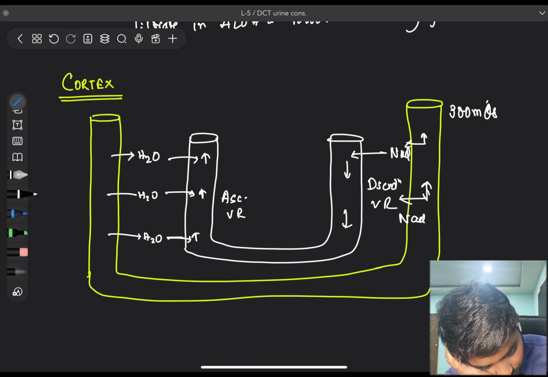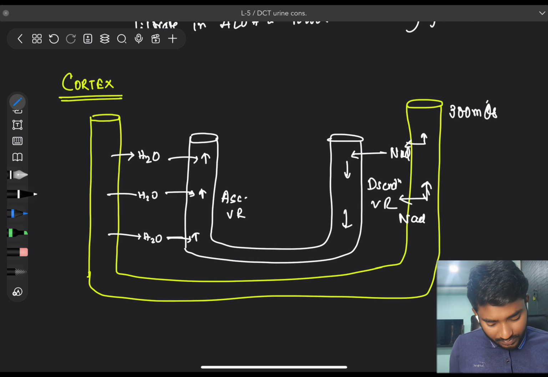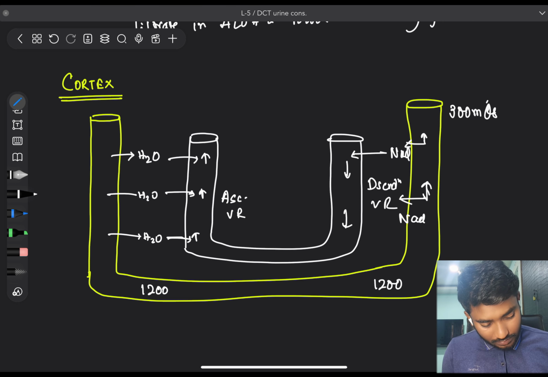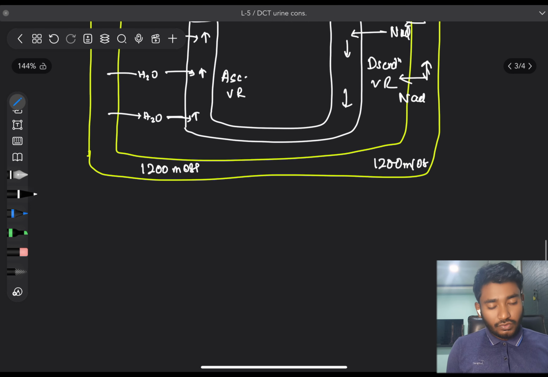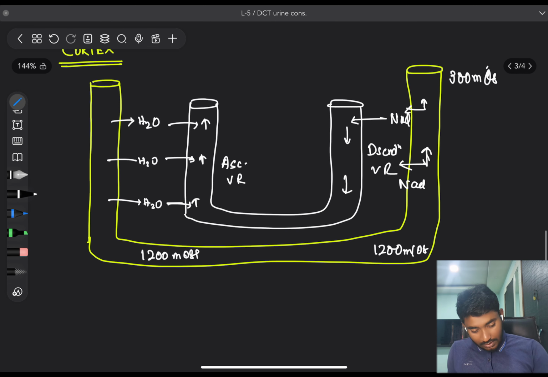Okay, here ascending NaCl. So NaCl is reabsorbed and here the concentration of the urine becomes 1200. So the urine is getting concentrated from 300 to 1200. So a 4 times concentration of urine is generated.